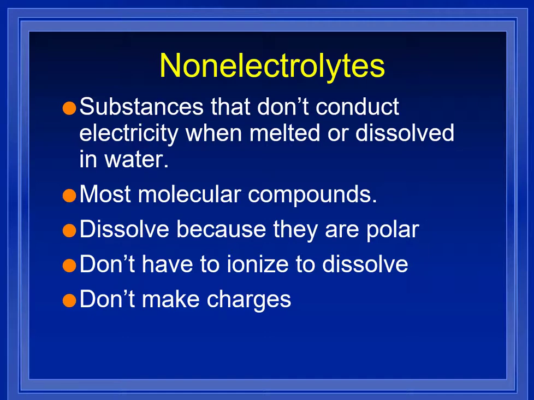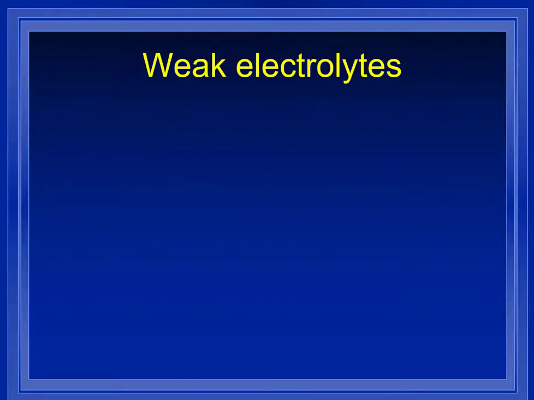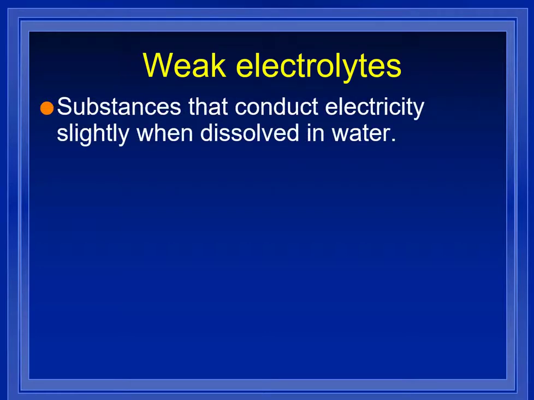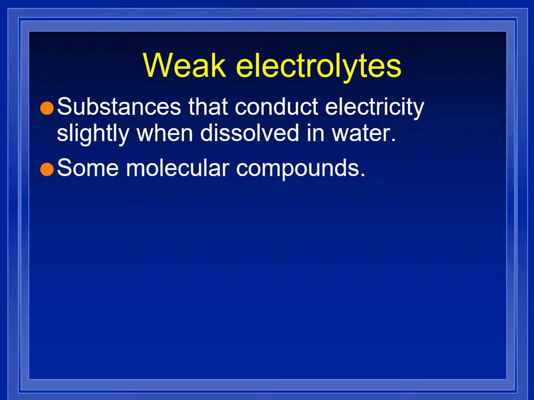But there's a middle ground called weak electrolytes. They make the light bulb glow a little bit. It's some molecular compounds.